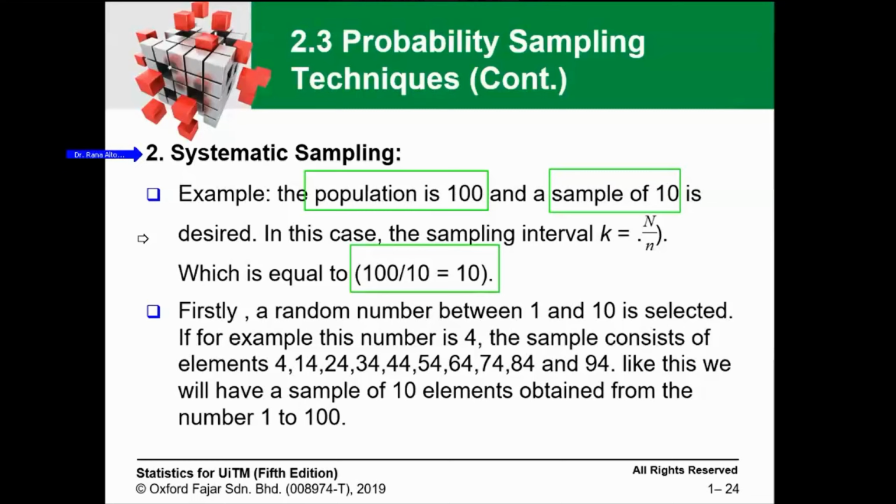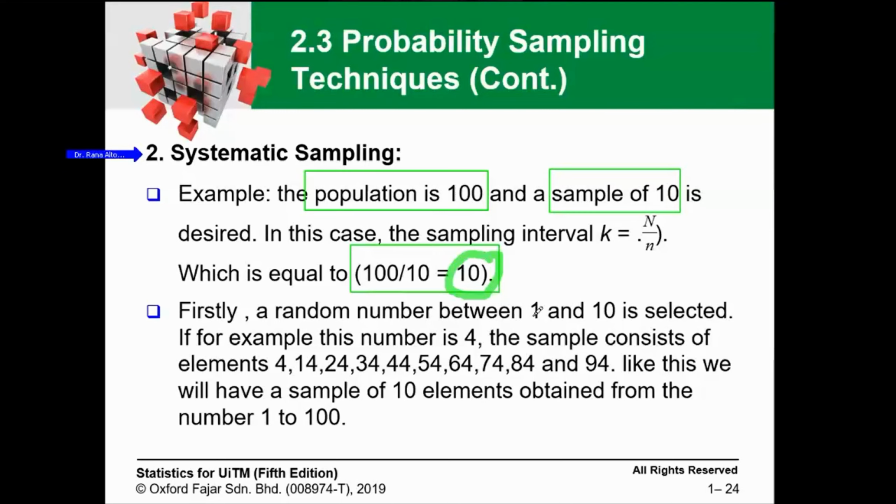A simple random sample is used when the population is homogeneous. We need to keep it in our mind. We use simple random sampling when our population is homogeneous and the sampling frame is available.